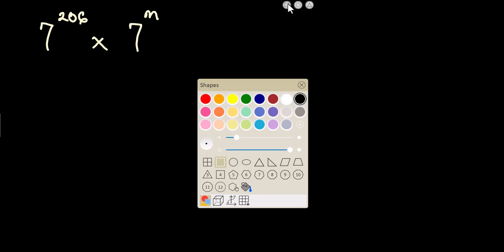And the question goes something like this. You have 7 to the power of 206 times 7 to the power of m, and of course you will divide this number.